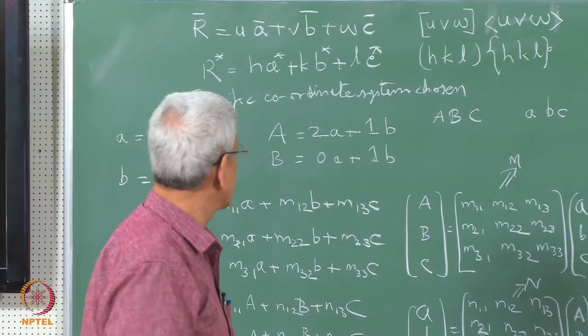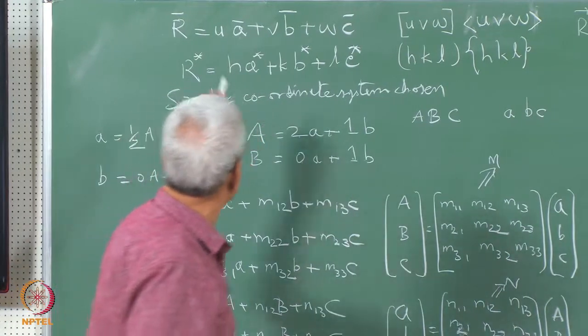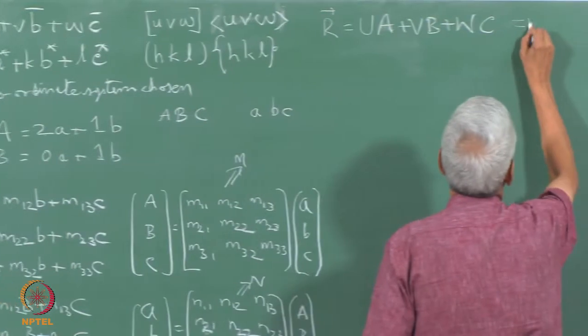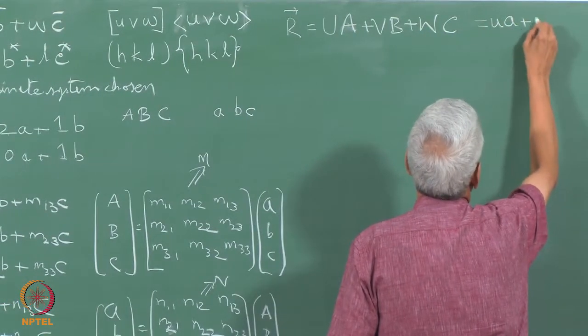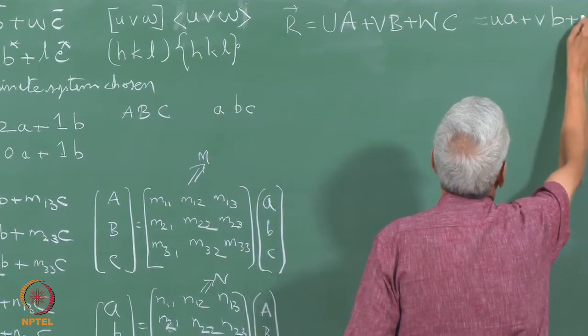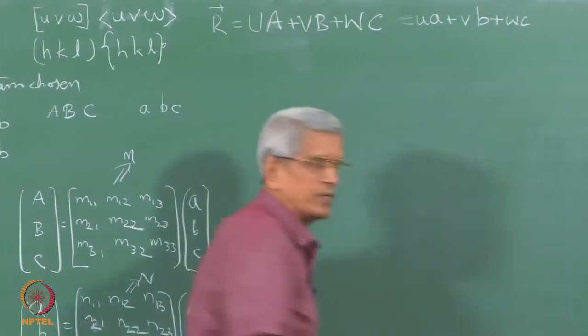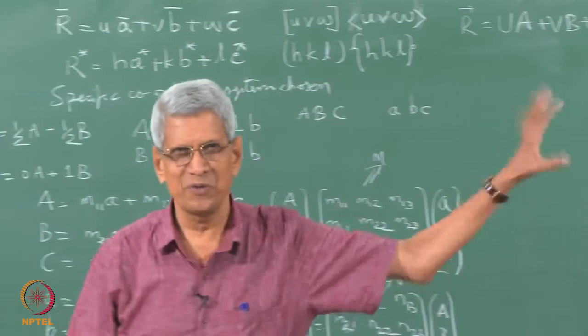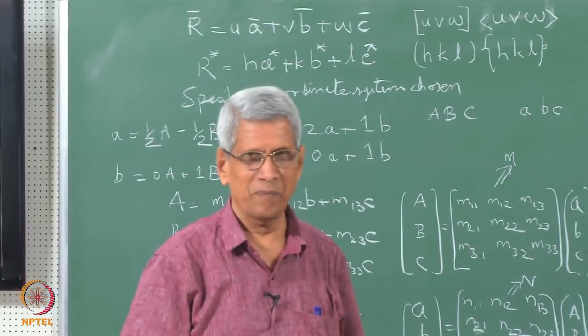What we can do is, this essentially means that this equals U into A plus V into B plus W into C, correct. This is valid irrespective of which coordinate system we choose, the vector has to be the same.